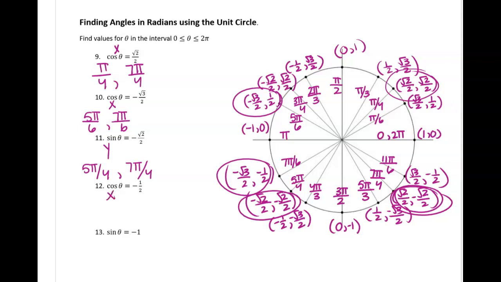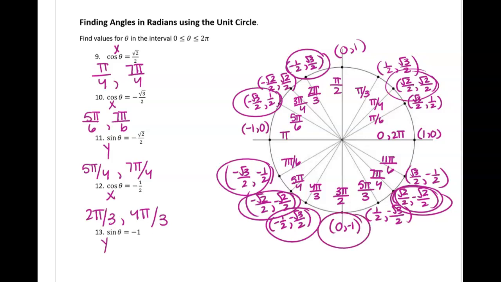When is the x value negative 1/2? 2 pi over 3 and 4 pi over 3. And when is the y value negative 1? 3 pi over 2.